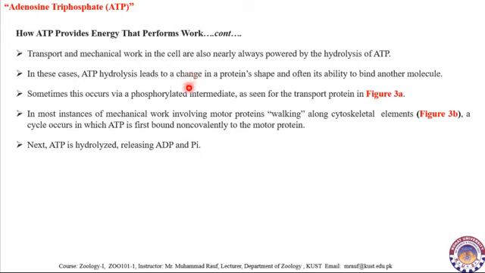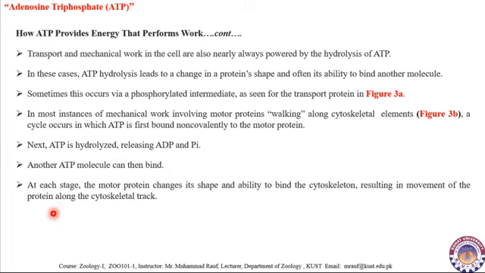So I think that's a repetition from the previous slide. Next, ATP is hydrolyzed, releasing ADP and inorganic phosphate. So another ATP molecule can then bind and it can power the motor protein and help in transportation. At each stage, the motor protein changes its shape and ability to bind to the cytoskeleton, resulting in movement of the protein along the cytoskeletal track.